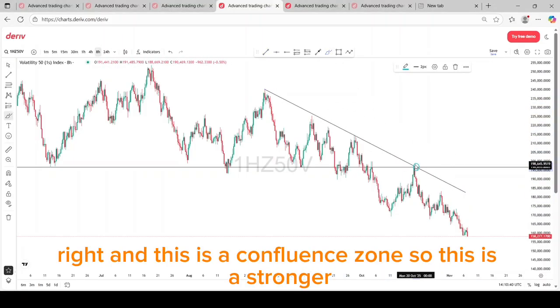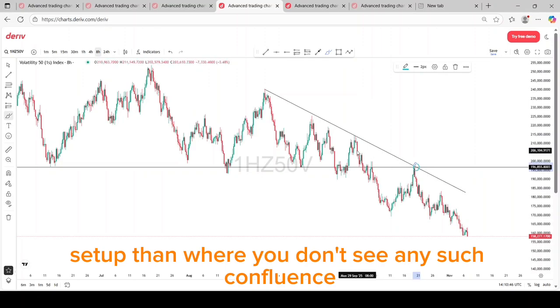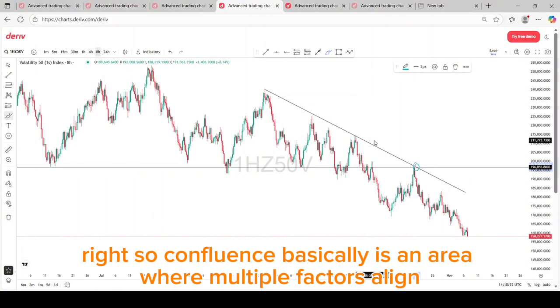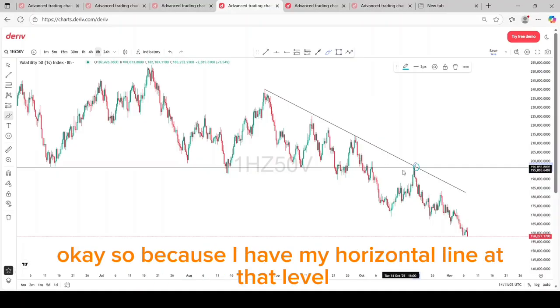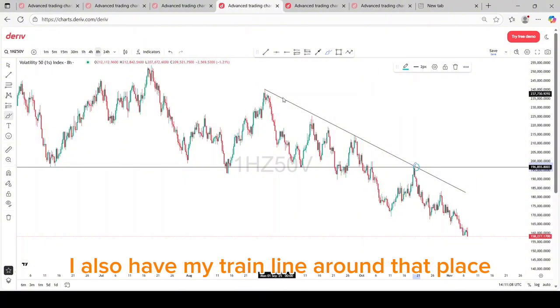And this is a confluence zone. So this is a stronger setup than where you don't see any such confluence. Confluence basically is an area where multiple factors align, thereby making it a strong potential setup. Because I have my horizontal line at that level, I also have my trend line around that place.